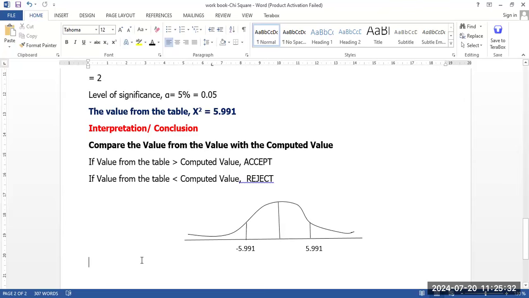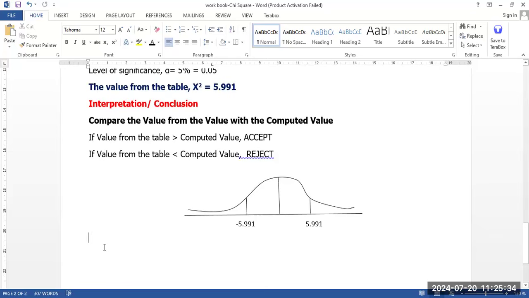You reject. If you realize that the computed value exceeds your region here, does not fall within this and this, you are going to reject. Does it make sense? The diagram, does it make sense?